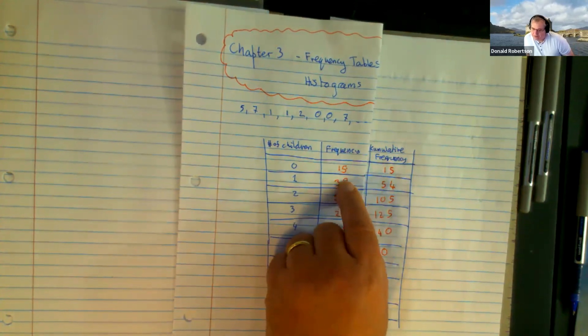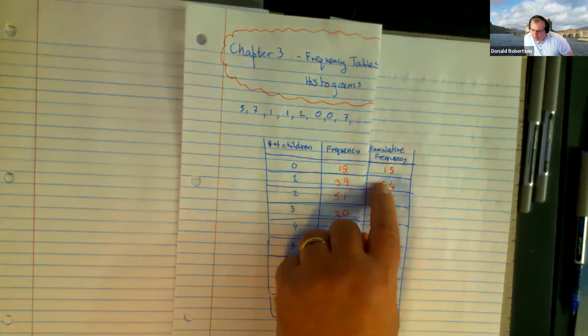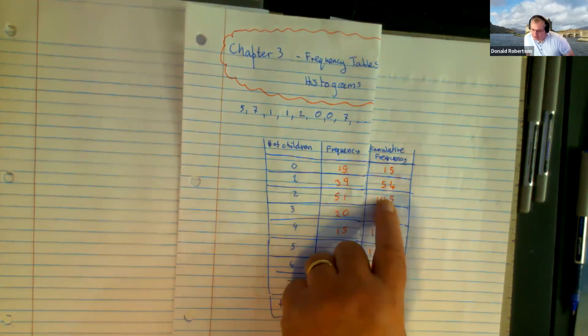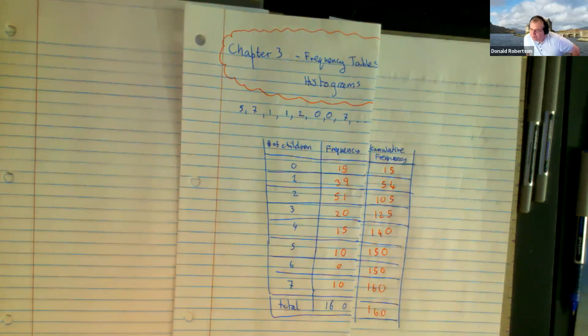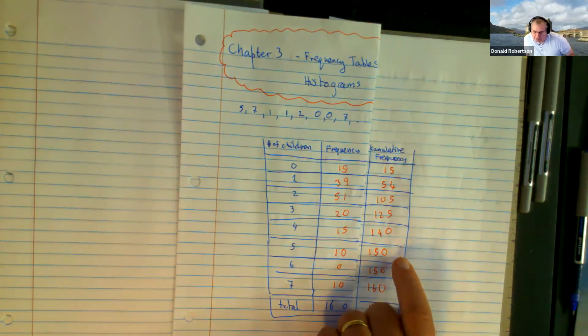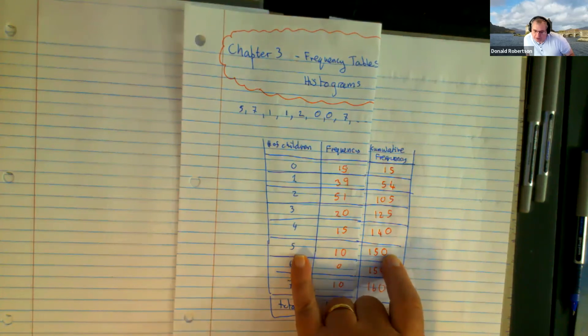15. Add the first two together. Add the first three together. Add all of them together. That is called a cumulative frequency table. So for instance, I can tell you that if we look at no children up to 5, 150 parents have a family size with none up to 5 children.